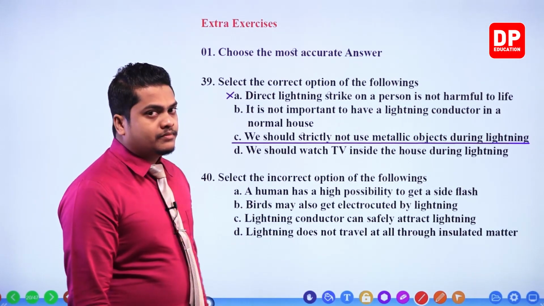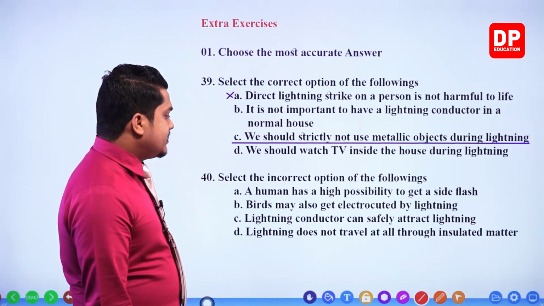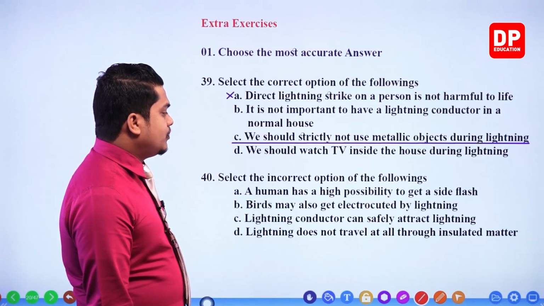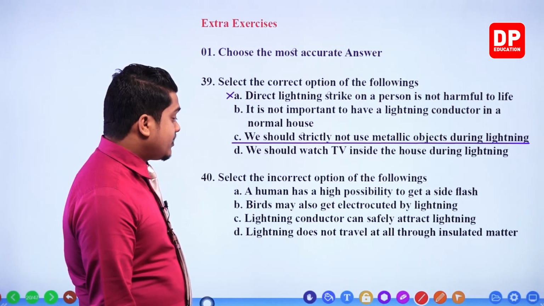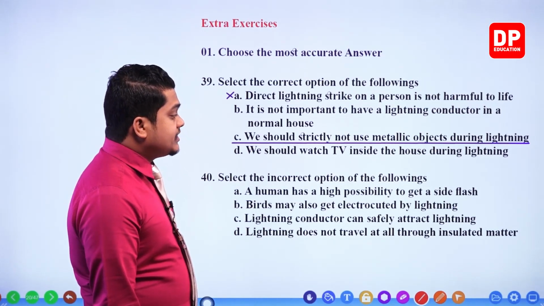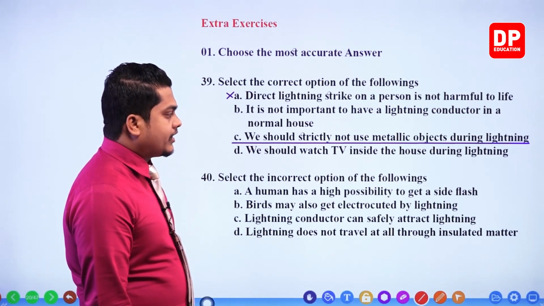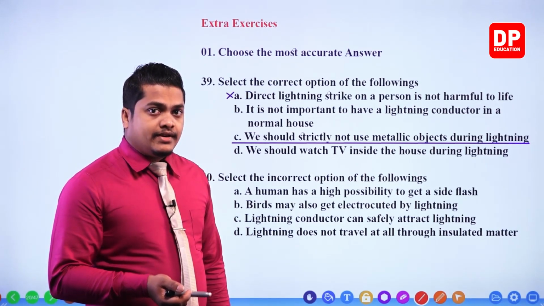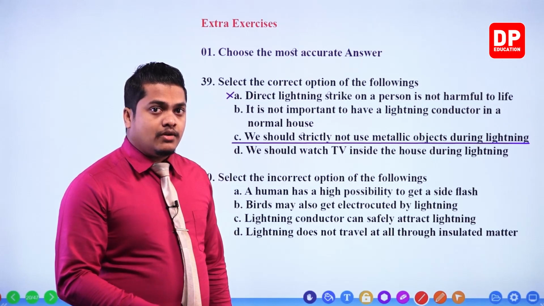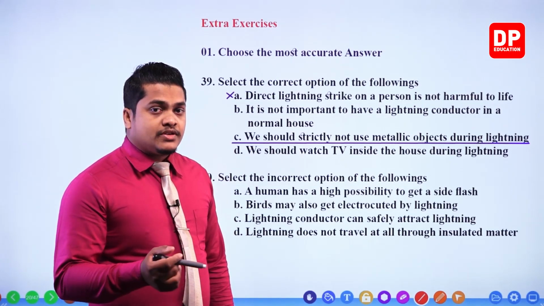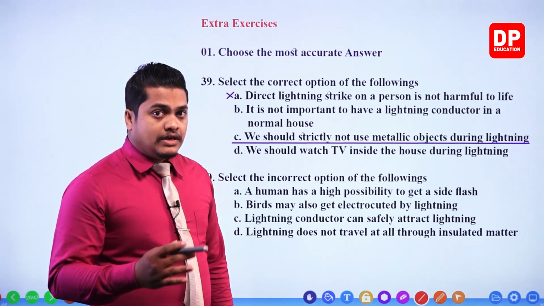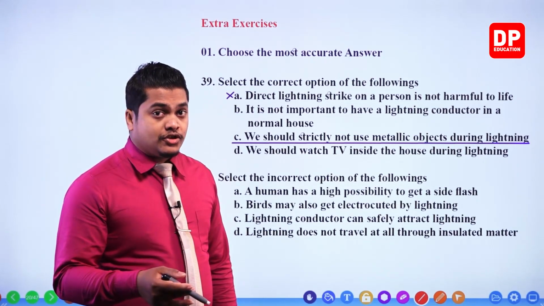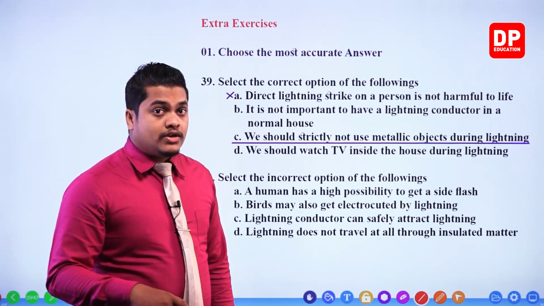Correct, no problem. Lightning does not travel at all through insulated matter. Incorrect, air is an insulator, no. Even though air is insulating, lightning is coming through air to the ground. Because accumulation of a large number of static electrical charges creates a heavy voltage.